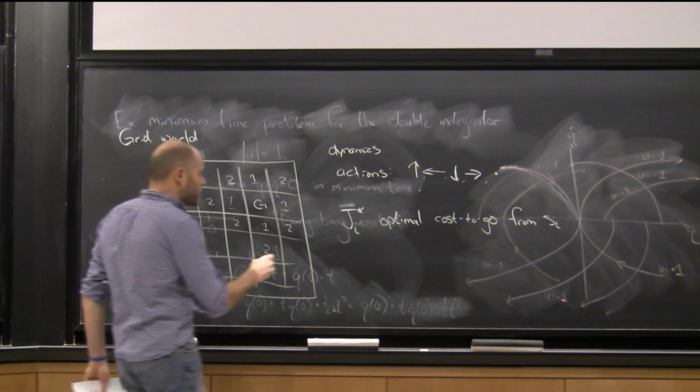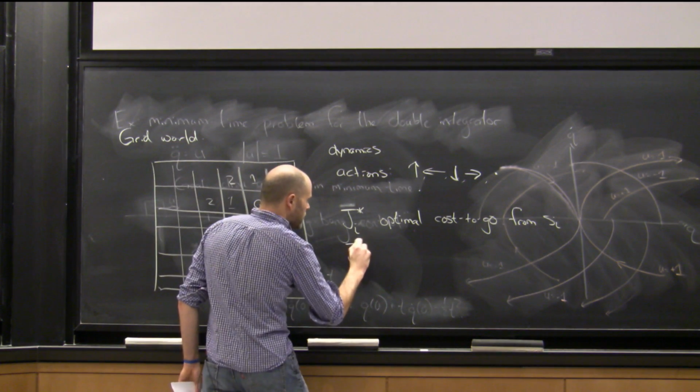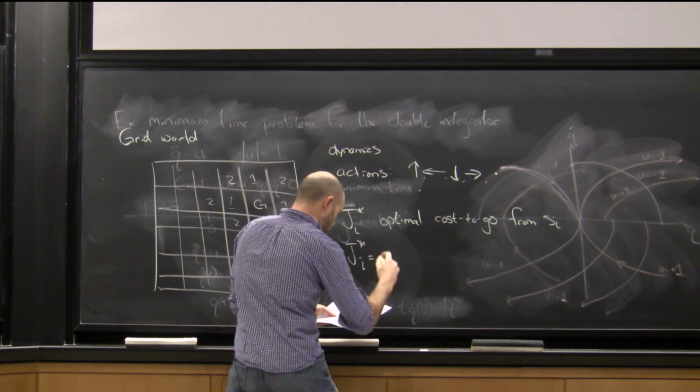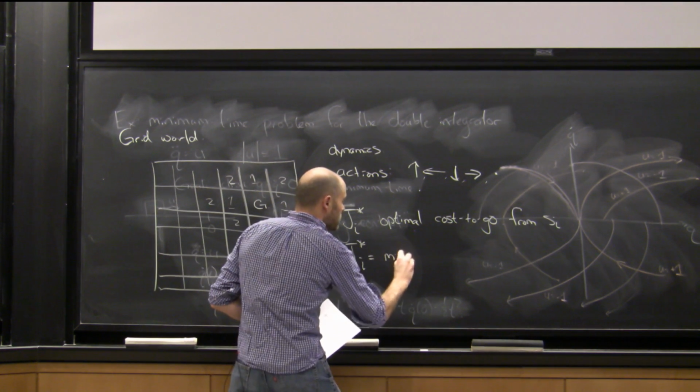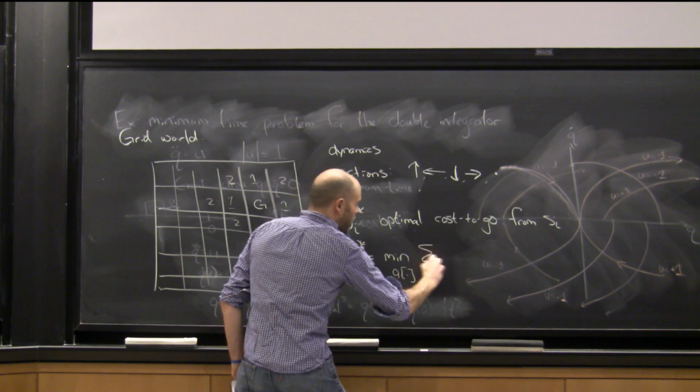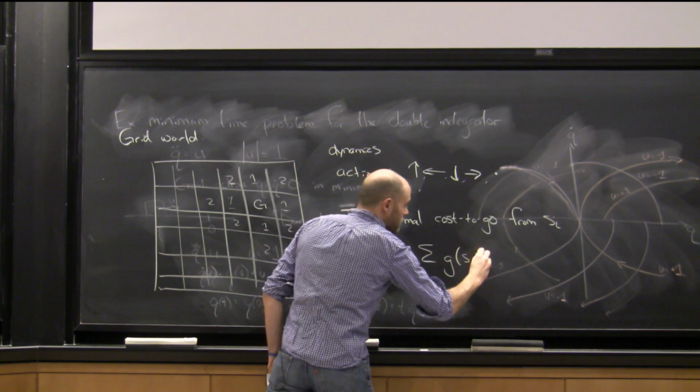We already defined it to be J star of i is the minimum over all the actions I take into the future of my sum of my costs.